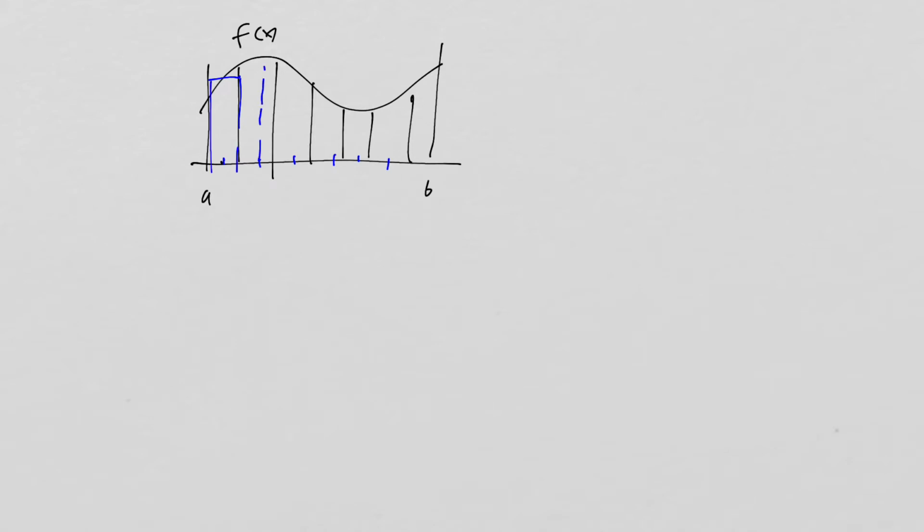The representative point can be any point at all in the interval, and it could even be the endpoints of each interval. There's a lot of flexibility in the choices you have on how to find these.